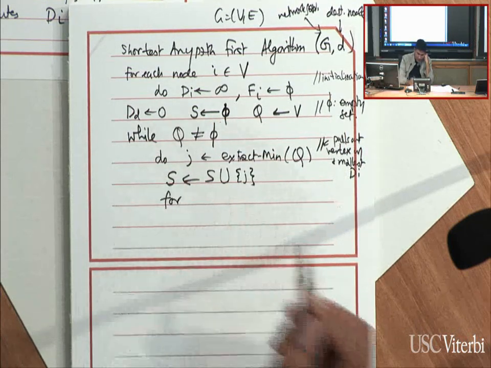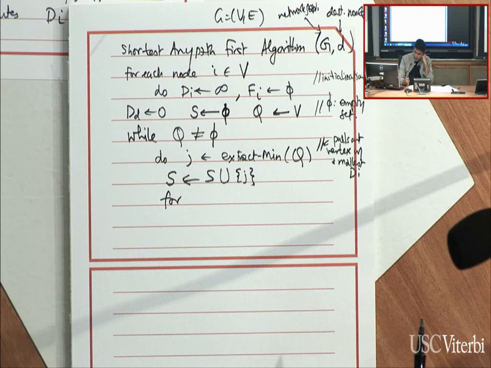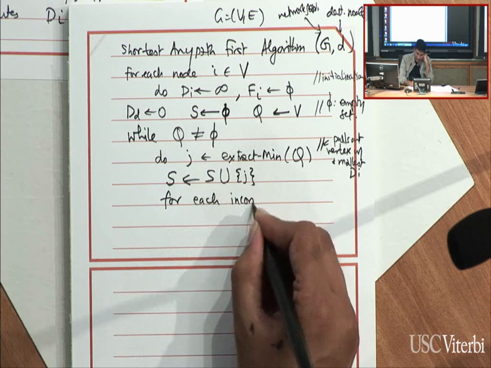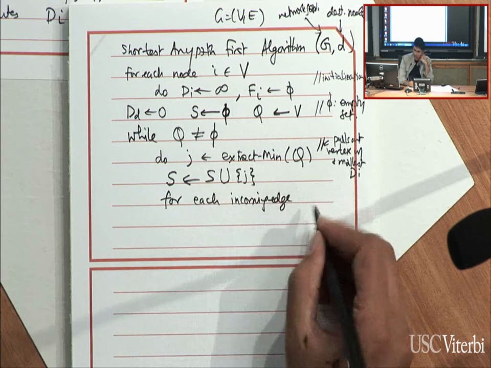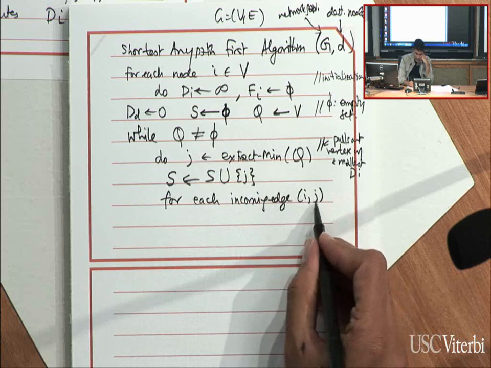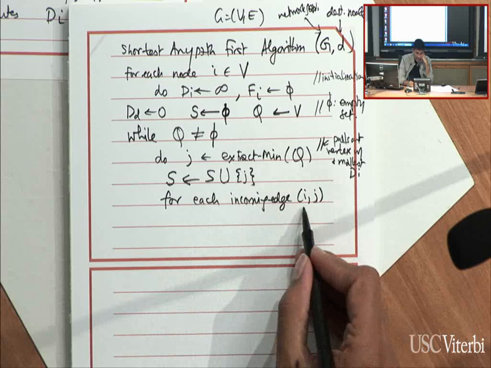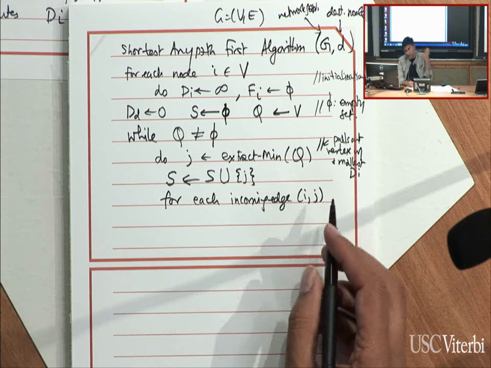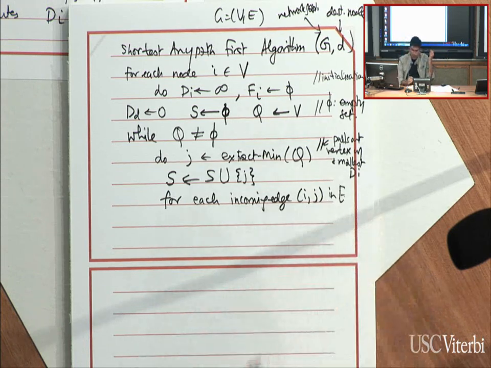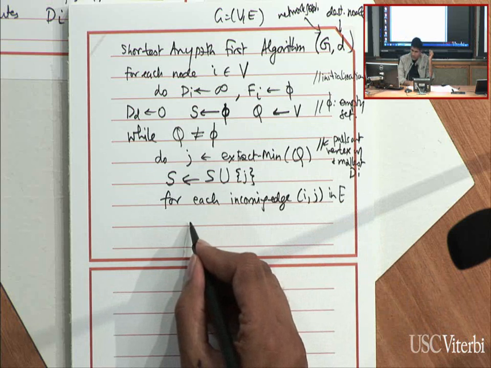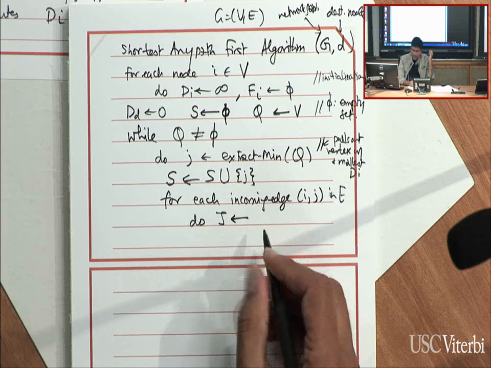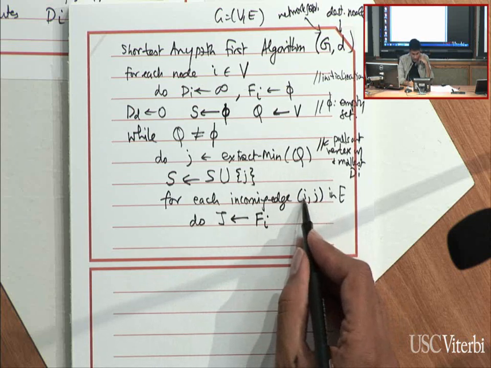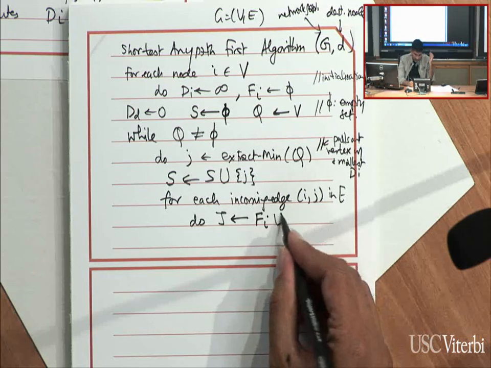So for each incoming edge (i, j), where j is the node that you just pulled out and i is every node that has an edge pointing to it, in the set of all edges, in the forwarding set for each of those nodes, we're going to add j at the bottom.